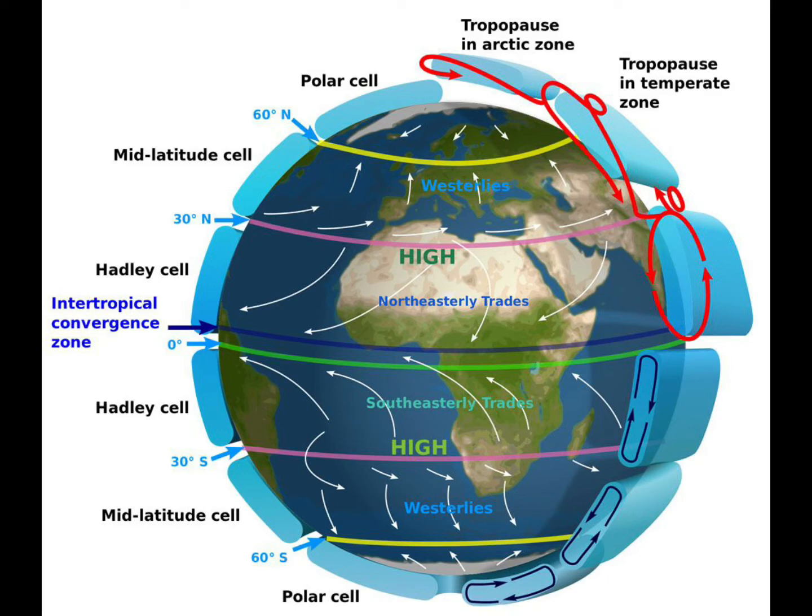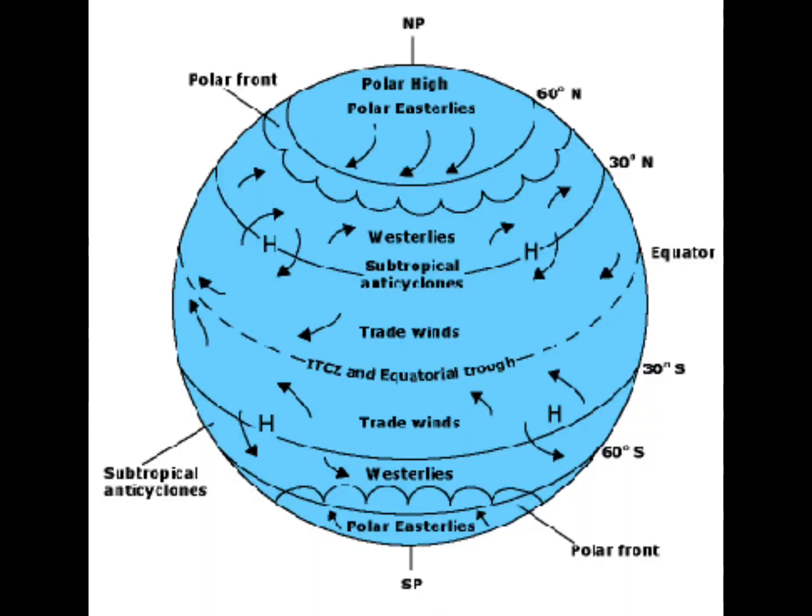That's pretty cool and definitely some food for thought. Just as there are westerlies, there's also the opposite, the polar easterlies, and those are found between 60 degrees and the poles.